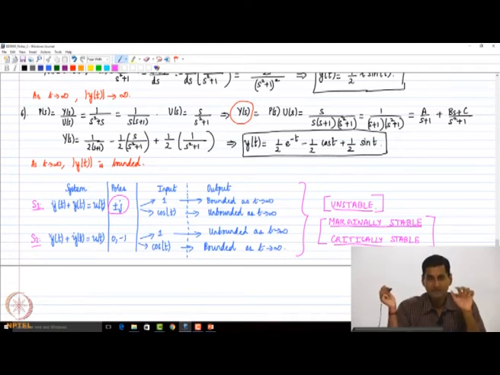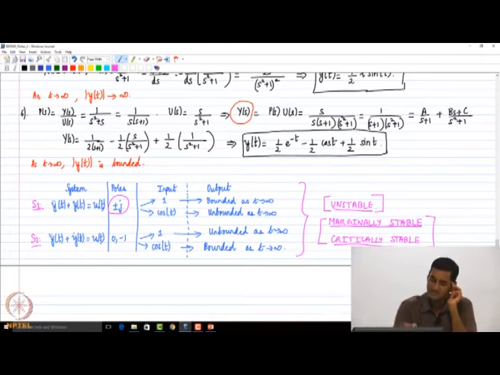So for example, for a class of systems of S1, if the poles were at plus or minus 10j, if you give cos 10t or sin 10t, the output is going to blow off to infinity as time t tends to infinity. That is the bottom line. But this is true only when you have what is called a non-repeating pole on the imaginary axis.